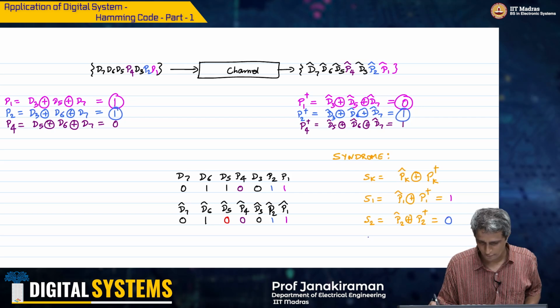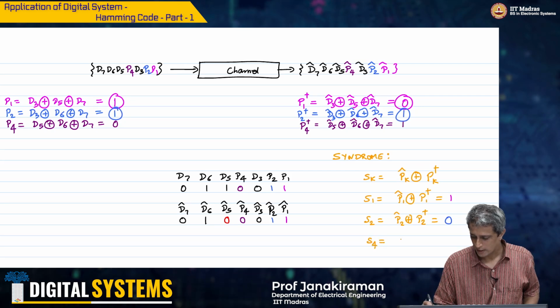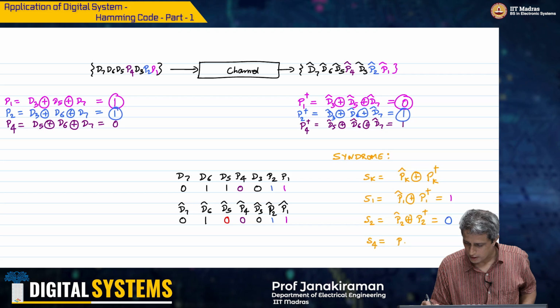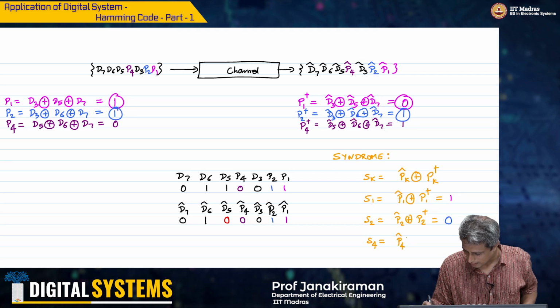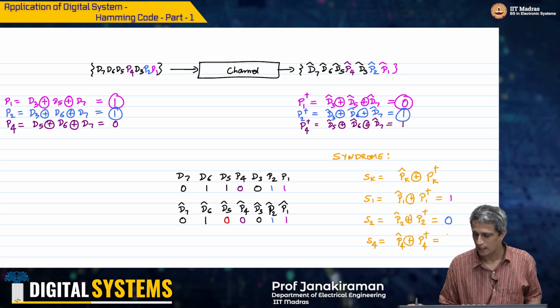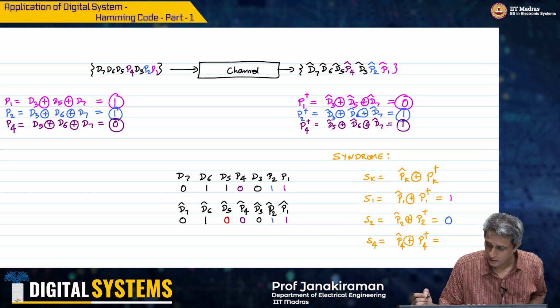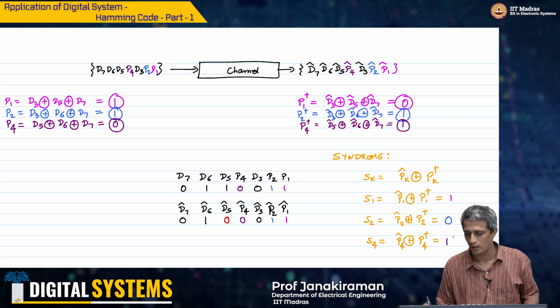And finally S4 is P4 hat XORed with P4 dagger, and therefore that is going to be XOR of 0 with 1, and therefore I get 1.